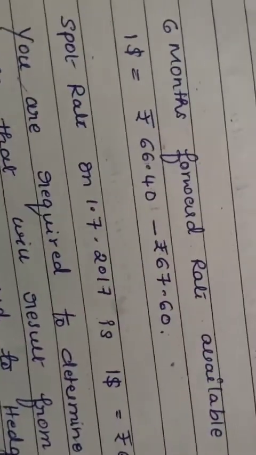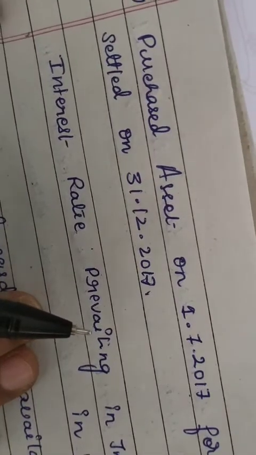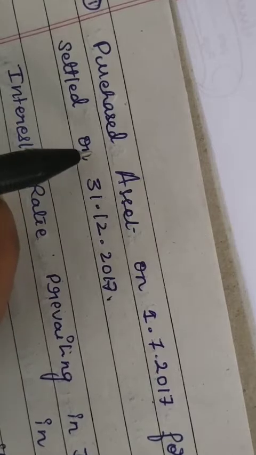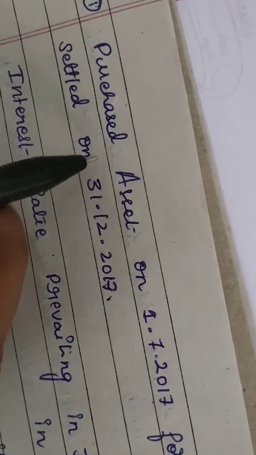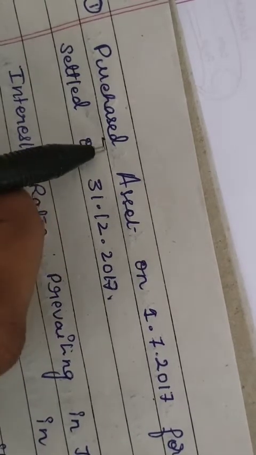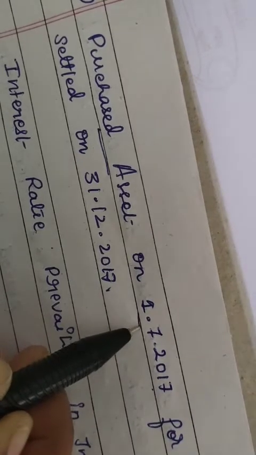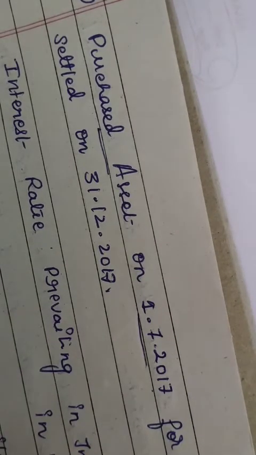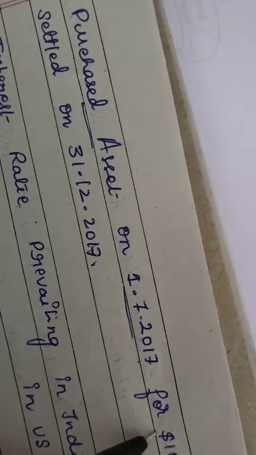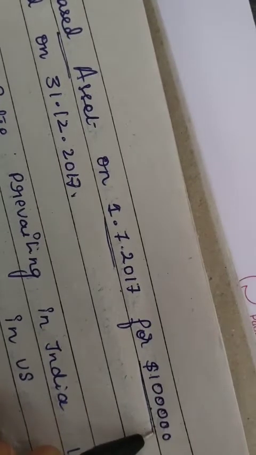So if you read the question here, let us say an Indian importer has purchased on 1st July 2017 a commodity worth $1 lakh.